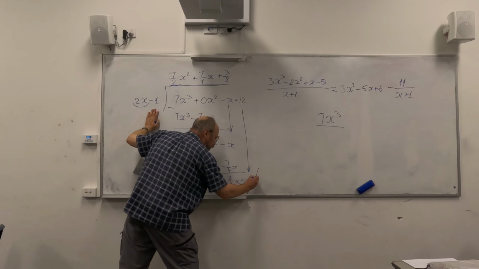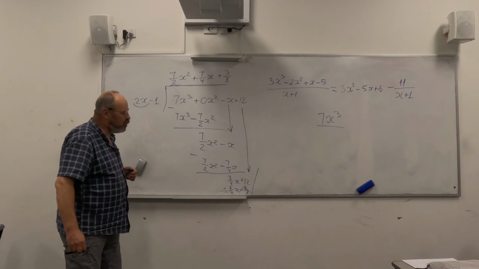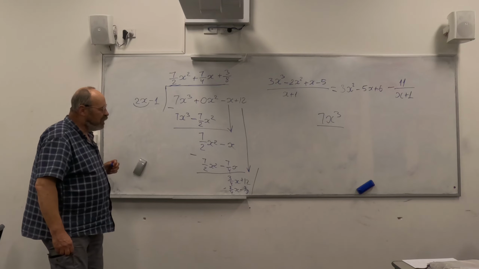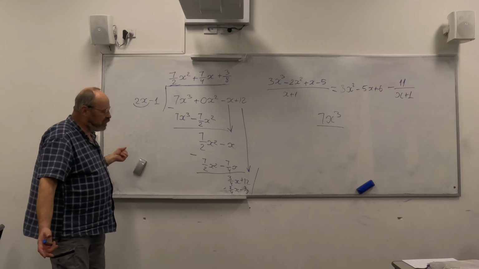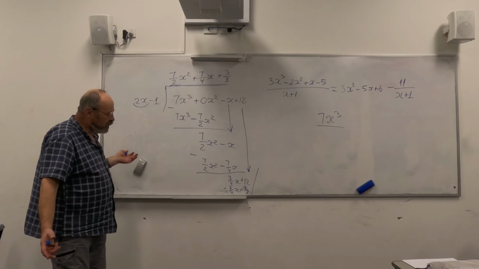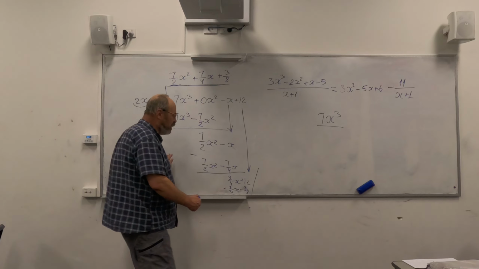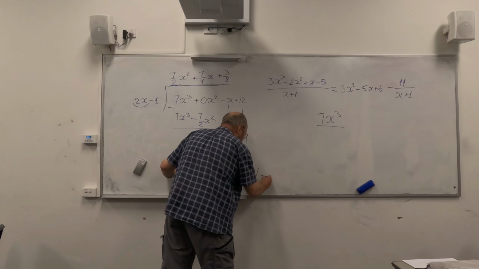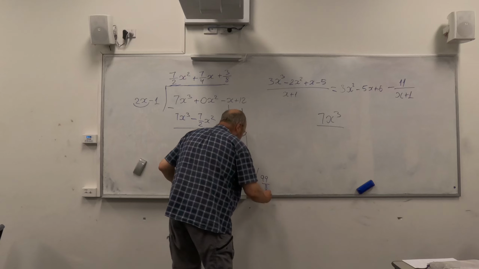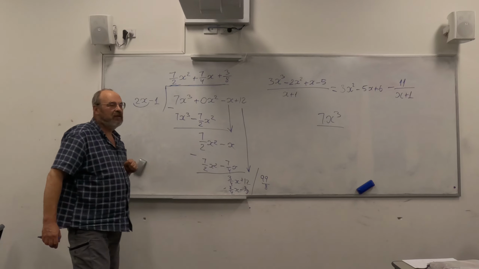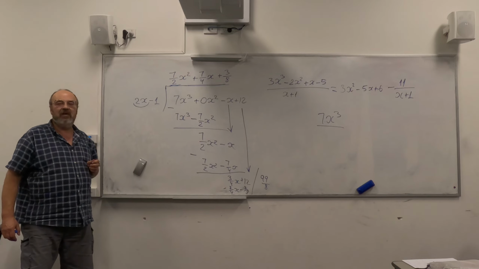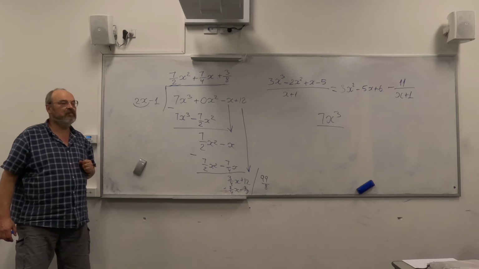So our x term is gone, and the remainder will be 12 plus 3 on 8. That is 96 plus 3, 99 over 8, which is the remainder.